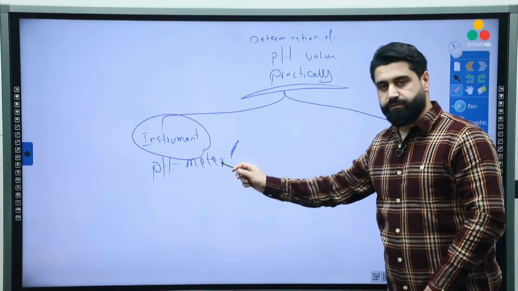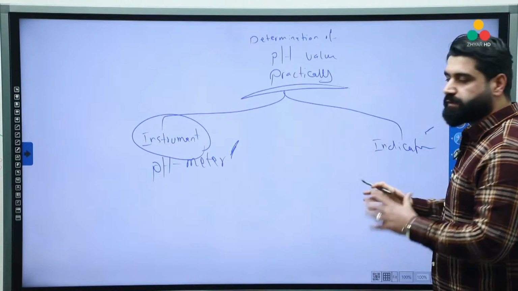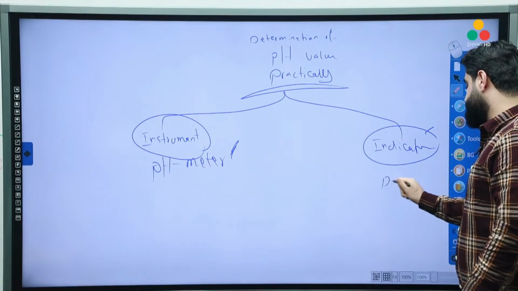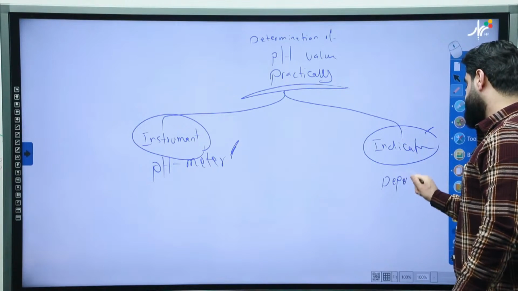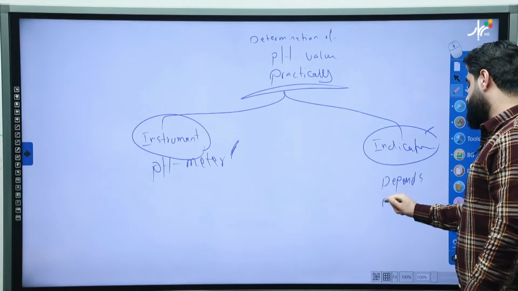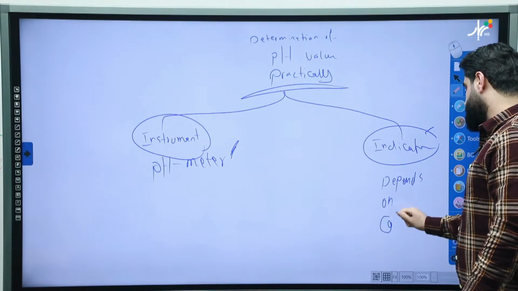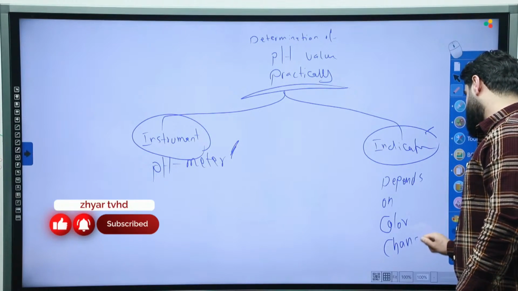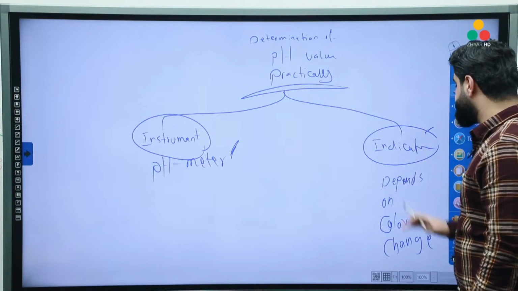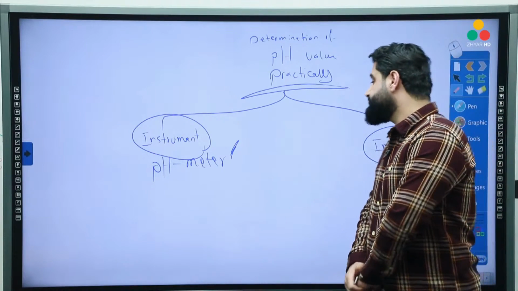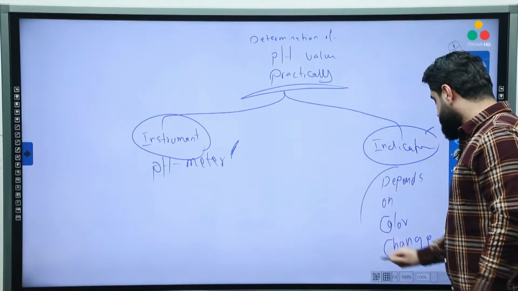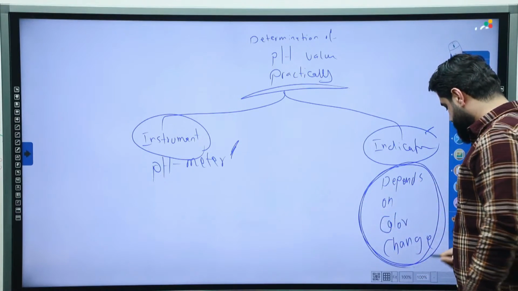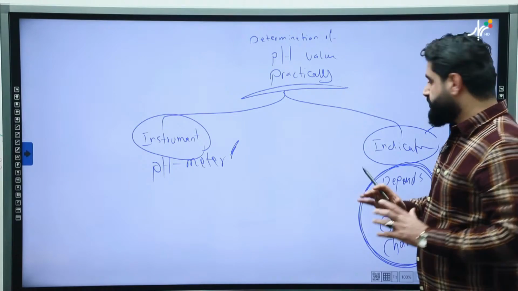One of them is an instrument, and the other one is a portable way called the indicator. The indicator depends on color change. Stick this into your brain.